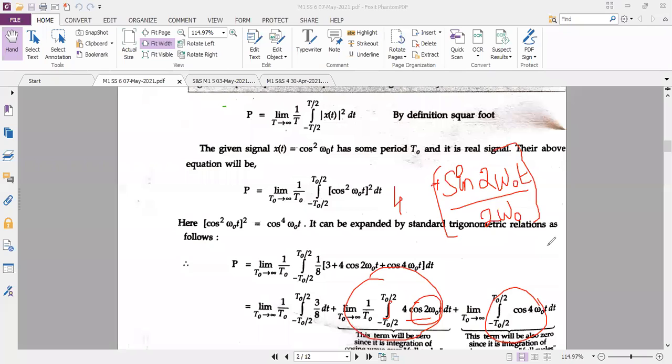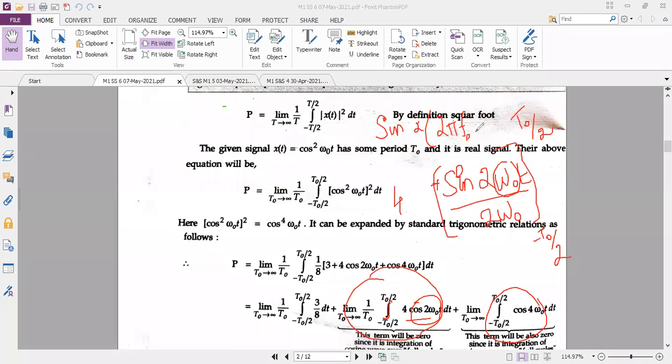So now listen. After performing integration, I will be substituting the limits minus t naught by 2 to plus t naught by 2. Before we substitute, here you have omega naught. So sin of 2 omega naught t, how can we write it? Sin 2 into 2 pi f naught into t.